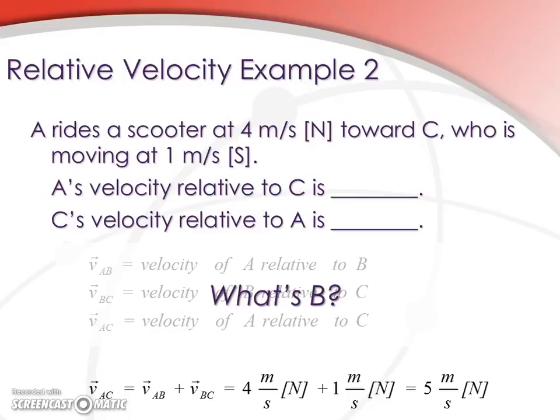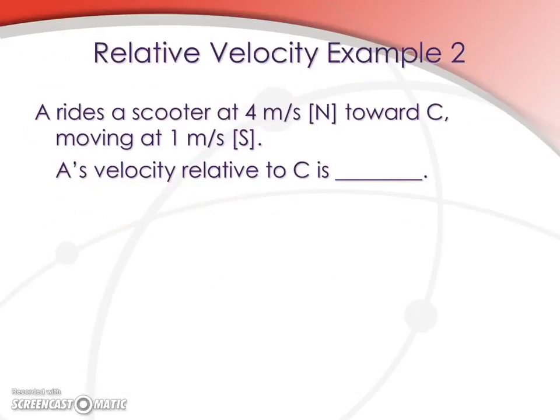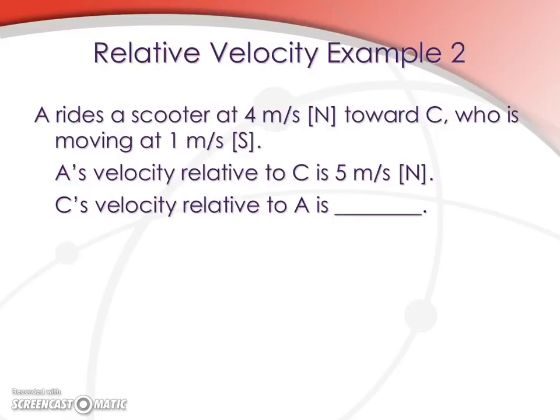So we could have just as easily taken Brian's position as being the Earth itself, which is very often in these problems taken as a useful point of reference, but not always. Okay, and so in that problem, Anita's velocity relative to Charlie is 5 meters per second north. Charlie's velocity relative to Anita, of course, is just the negative of this, the opposite direction, so 5 meters per second south.